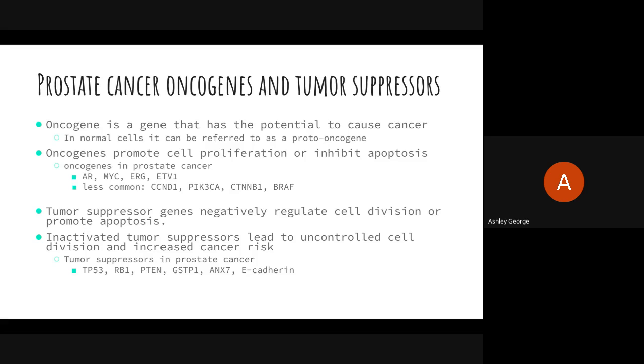Some important oncogenes to note in prostate cancer are AR, the androgen receptor gene, as I mentioned before, MYC, ERG, and ETV1. I'll spend some time talking about those, but there are a couple of other oncogenes that are being studied as well, as you'll see there.